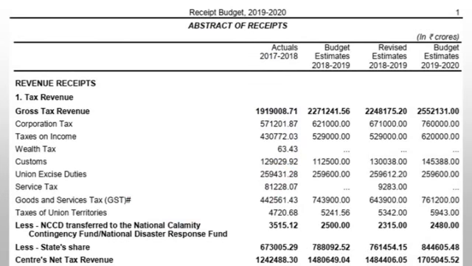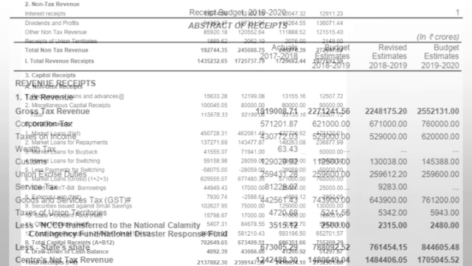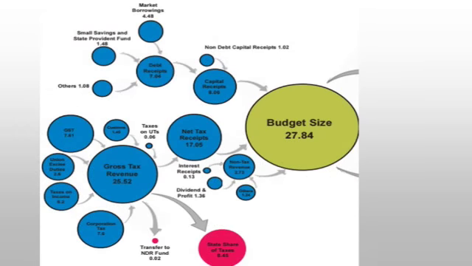So there will be a certain amount going to the states. Now friends, let us see it in the form of a diagram. If you can see on the slide, there is a huge pie chart type of thing. The total budget size is 27.84 lakh crores.